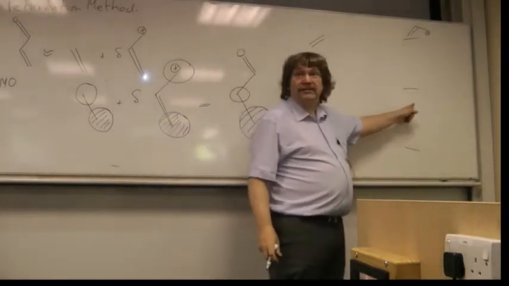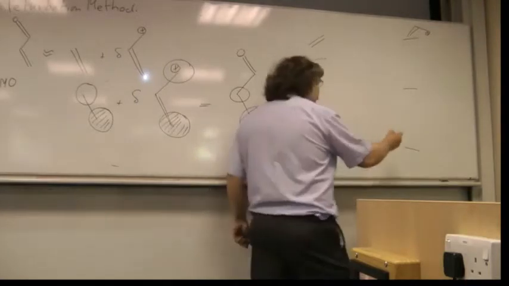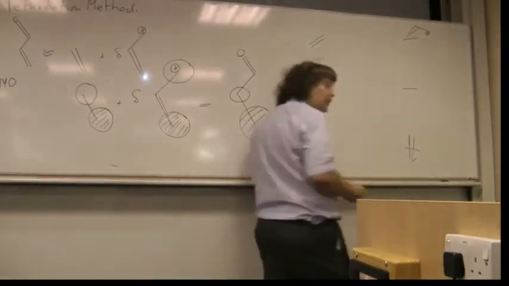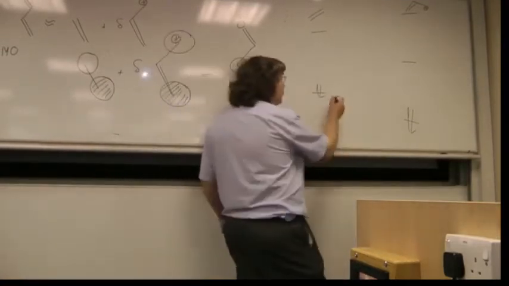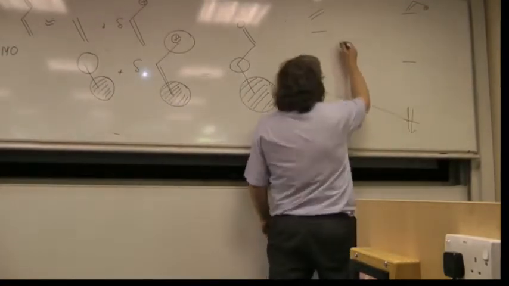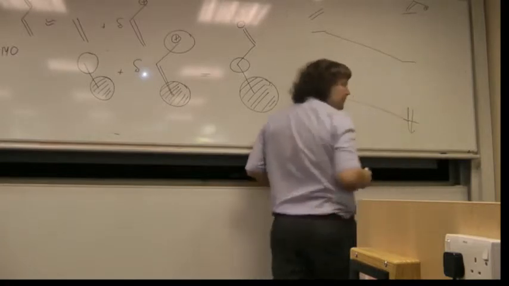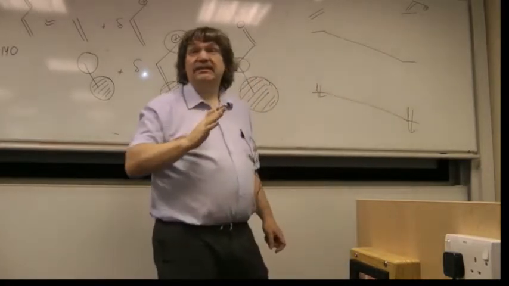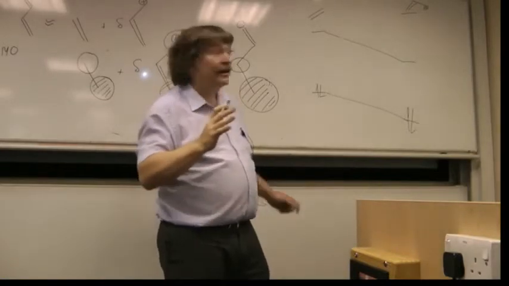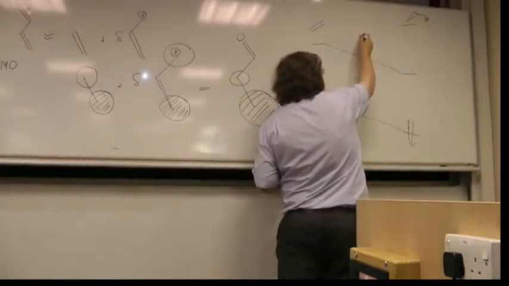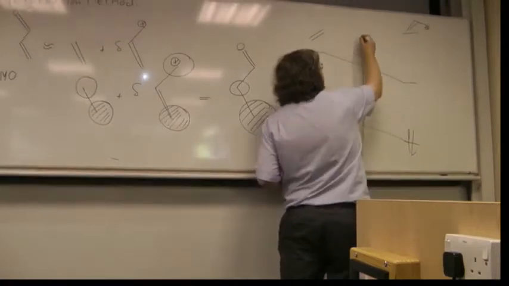That's the extreme system. And look what happens to the HOMOs and the LUMOs. That goes to there, and that goes to there. Now, acrolein is going to be somewhere between them. We don't know where, and we don't really care. It's going to be somewhere, maybe there, and there's our acrolein.